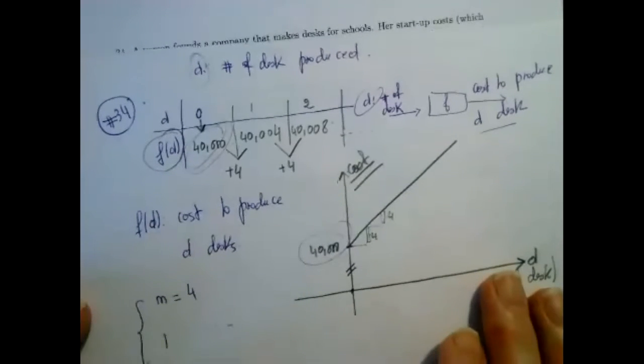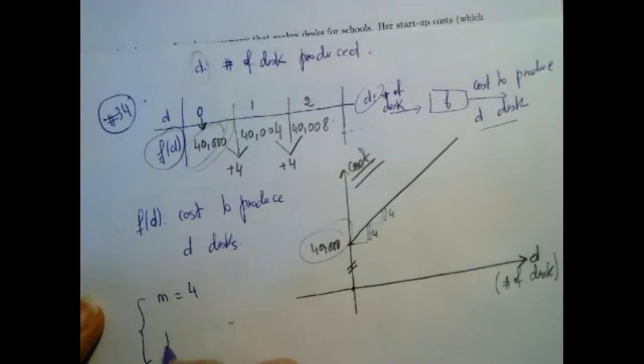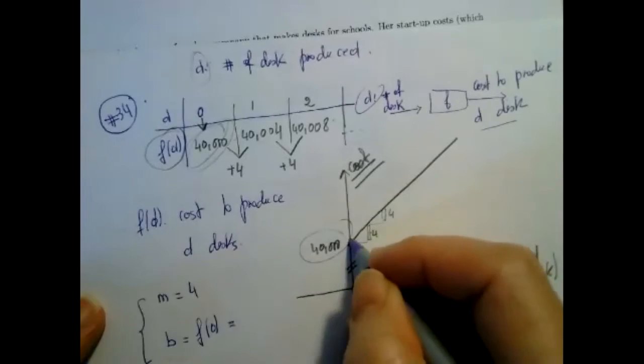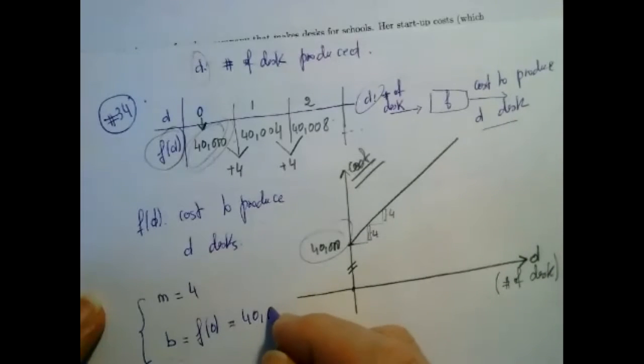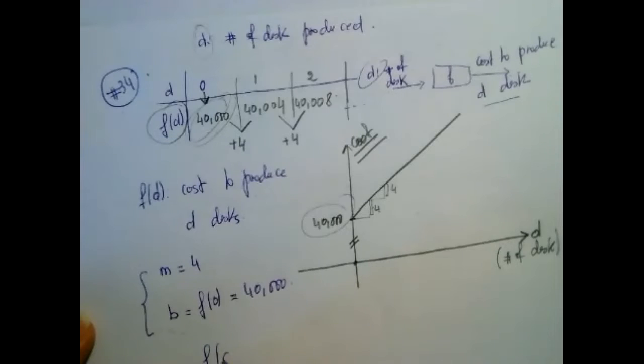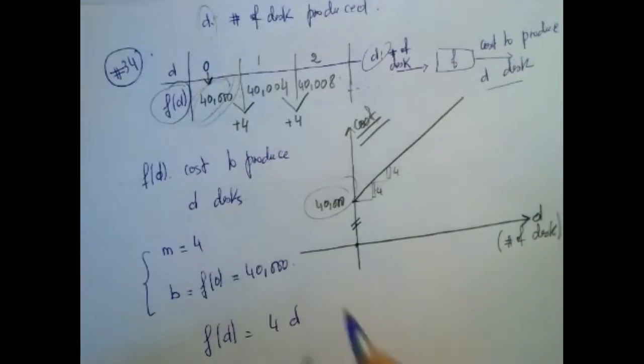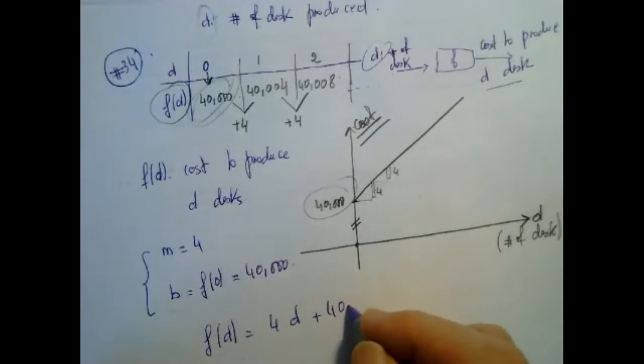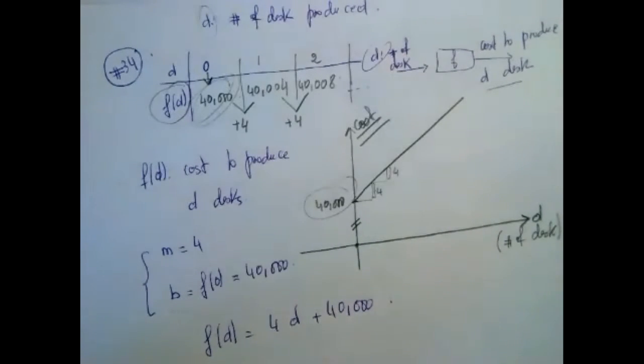We don't always have the B. In this particular problem, do we have the B? Yes, because it is the intercept. It's what's happening at 0. That's the 40,000. So the formula is going to be 4D, I know that D bothers you, plus the 40,000. Okay, so that's my f of D.